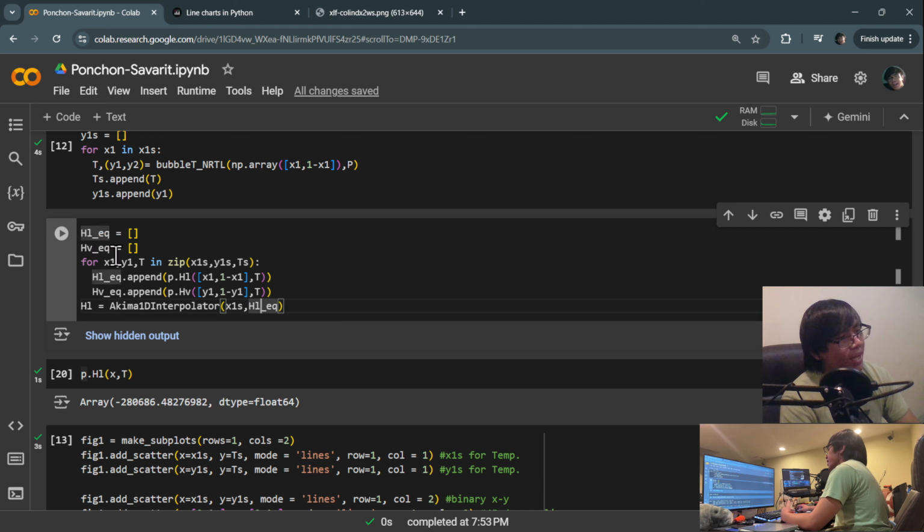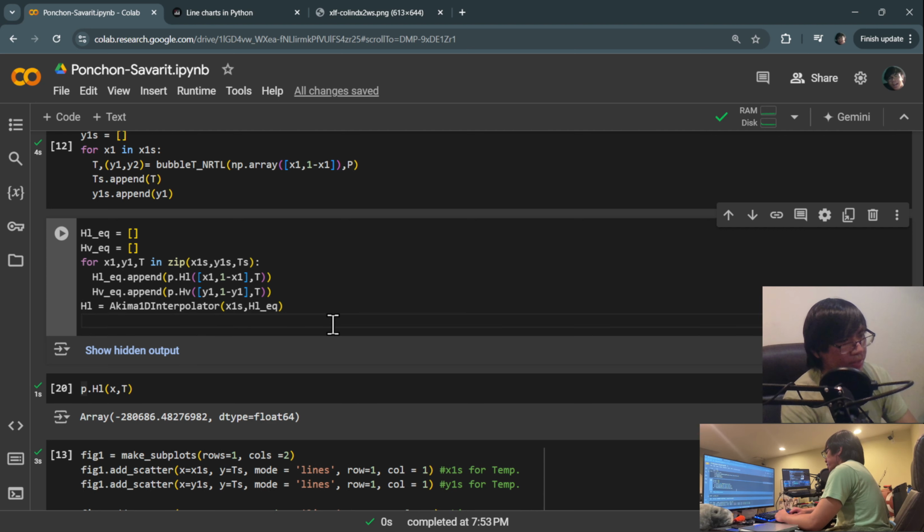The reason why I put this equilibrium is so we don't get confused, but essentially the code is rewriting this so that it won't mix up these two if they're both called HL for enthalpy of the liquid. So it looks a little weird, but that's the reasoning behind it. I just don't want to confuse the two names.